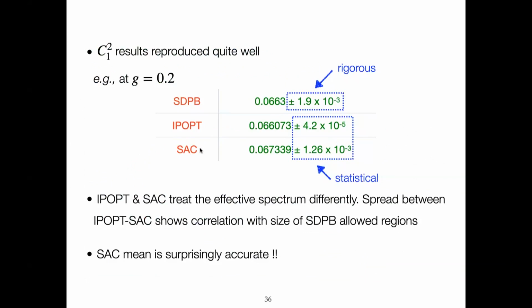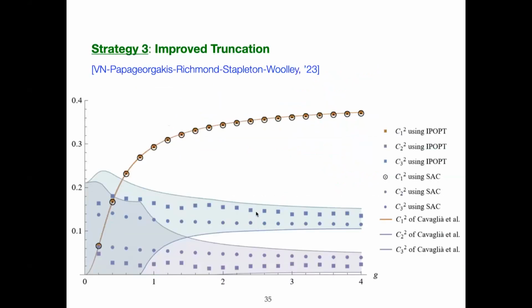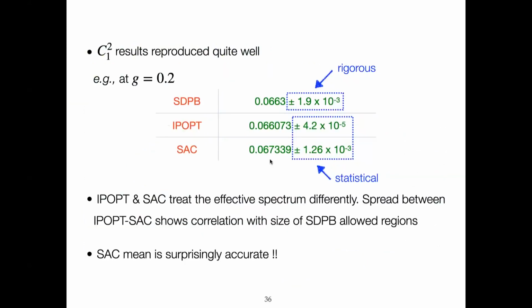It's also interesting that the SAC, running with only 200 agents, compares quite well with the interior point algorithm, which runs 10 to the 8 agents and is highly optimized. And it's also very interesting that these two algorithms are sampling different regions of the allowed solutions of the crossing symmetry equations. So there's a lesson here.